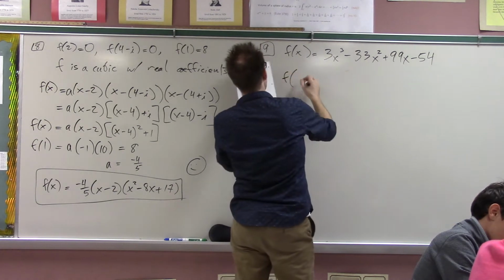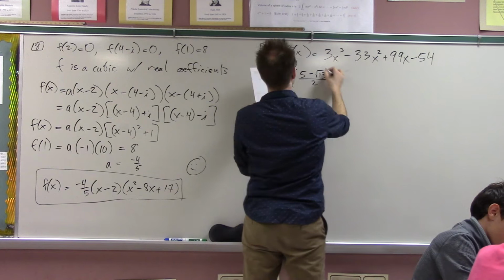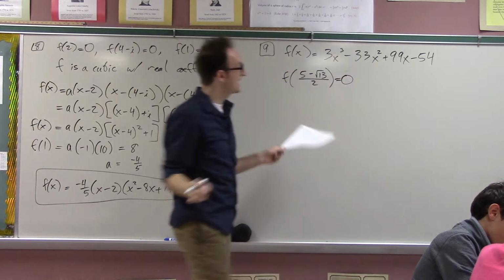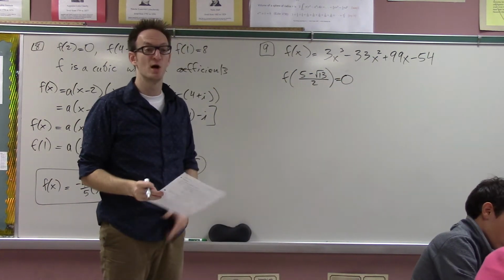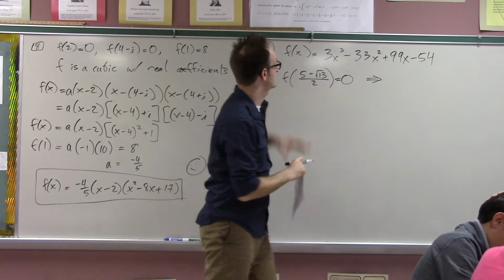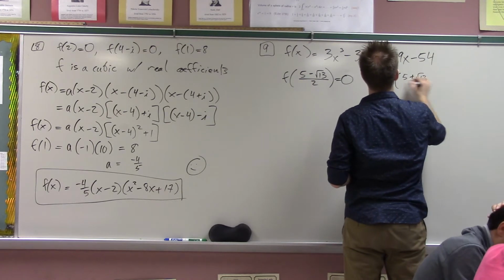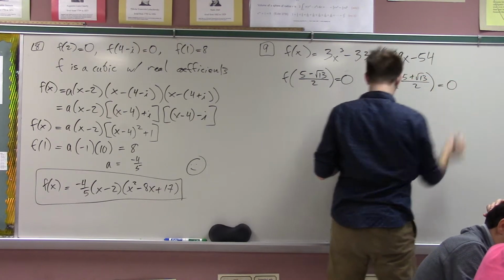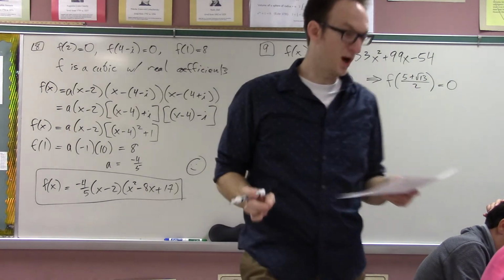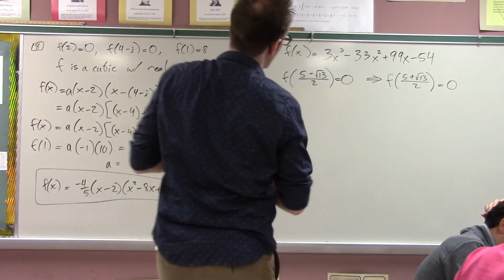What is the problem? F of (5 minus root 13)/2 is 0. And I note that this is a polynomial with rational coefficients. Therefore, if this is a root, then we know that (5 plus root 13)/2 is a root also. And what we want to do is find the other root, the third root.